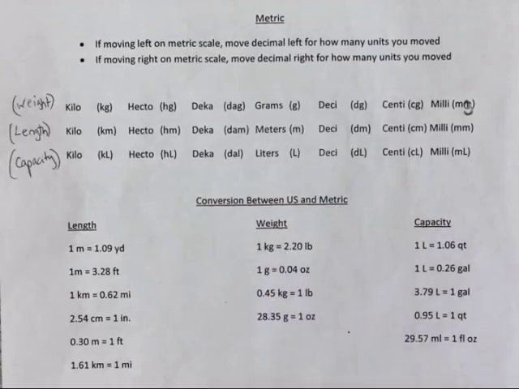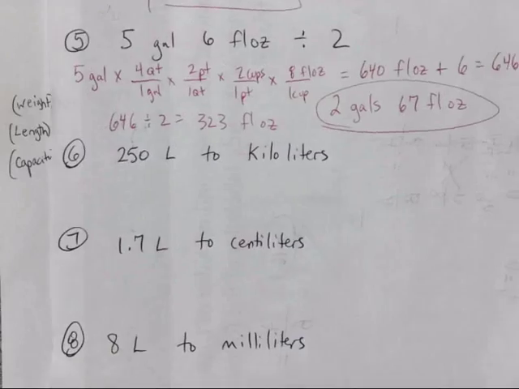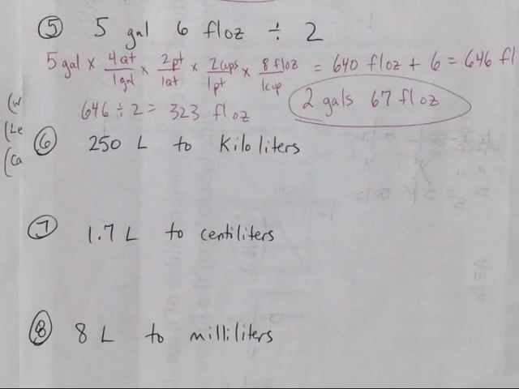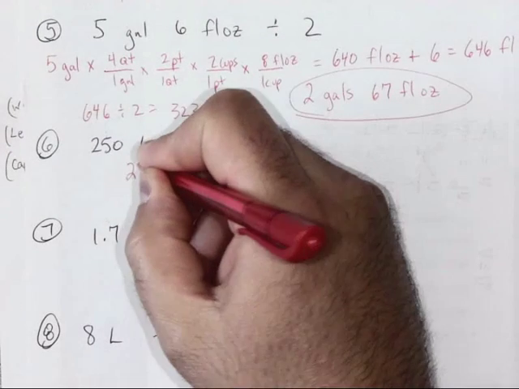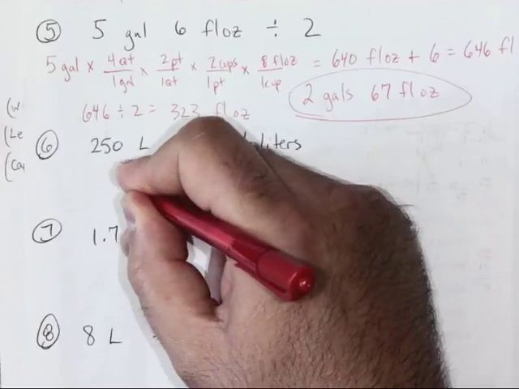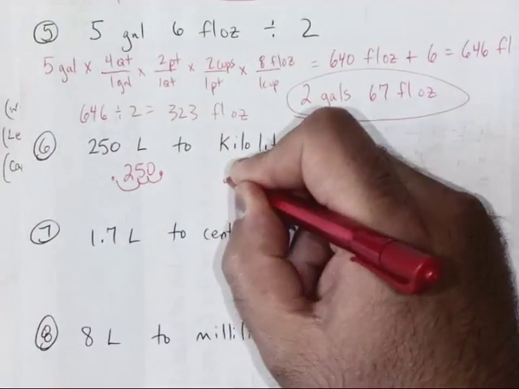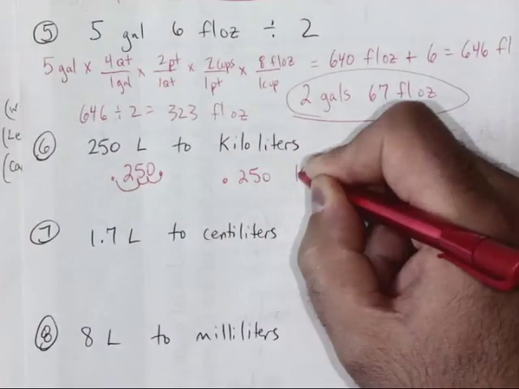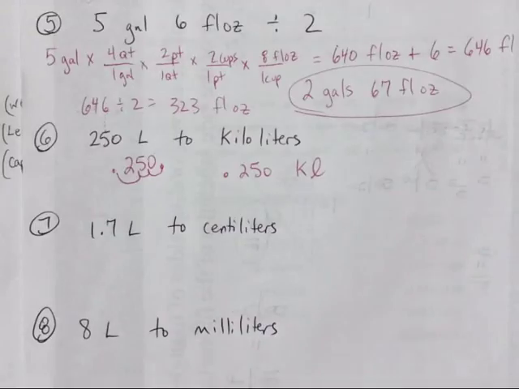That's where I'm going to move that decimal. So my decimal in 250 is right here. If I move that 3 places to the left, puts it here, so that would be 0.250 kiloliters. So once again, metric system is really nice. Just move that decimal around.